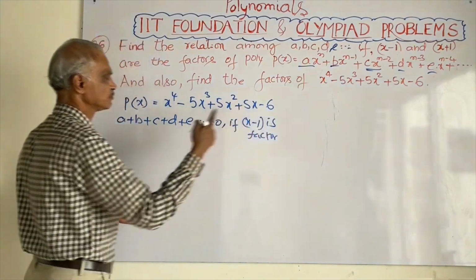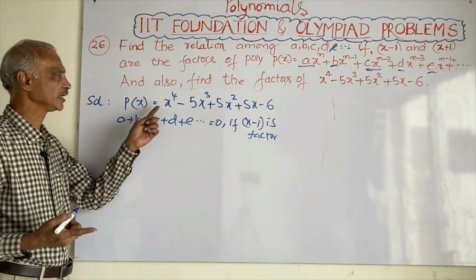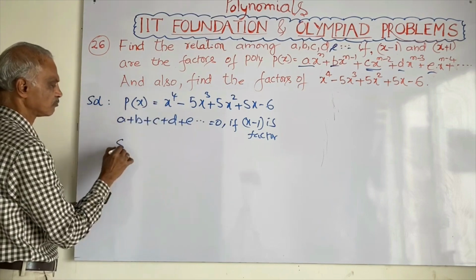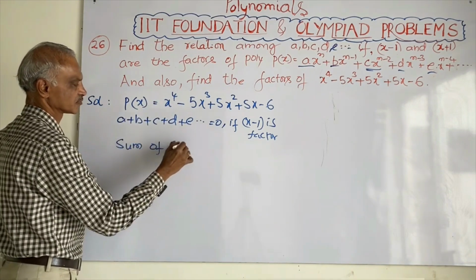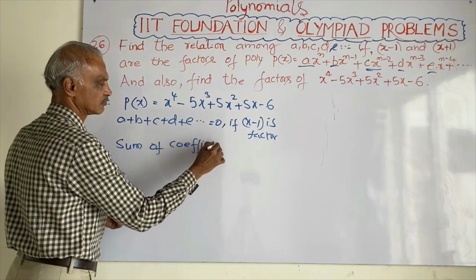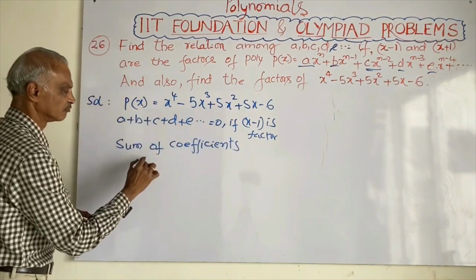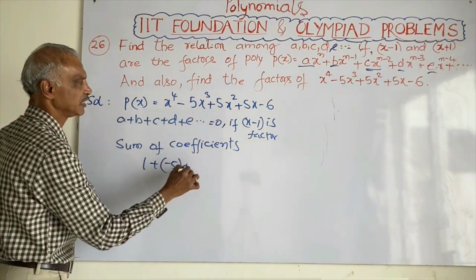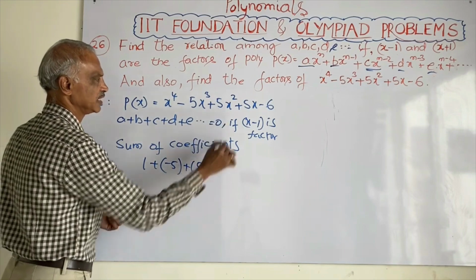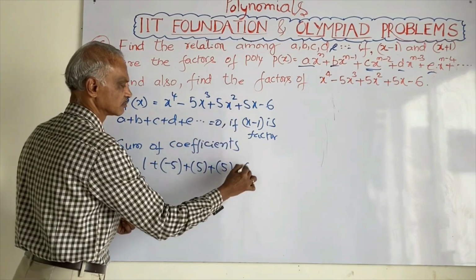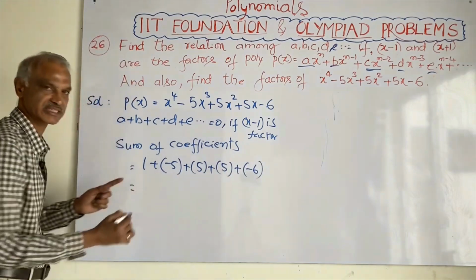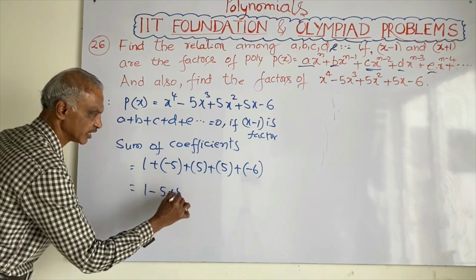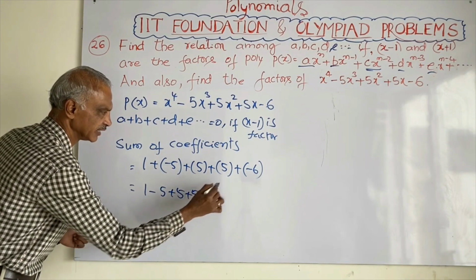Let us check. Here, A is 1; we need the sum of the coefficients. So what is the sum of the coefficients? Let us check: 1 minus 5 plus 5 plus 5 minus 6.